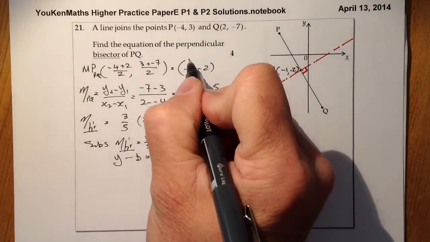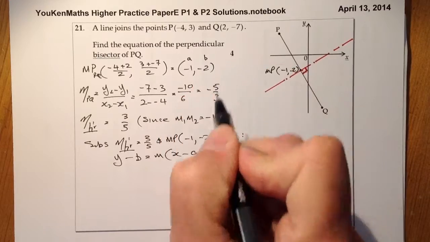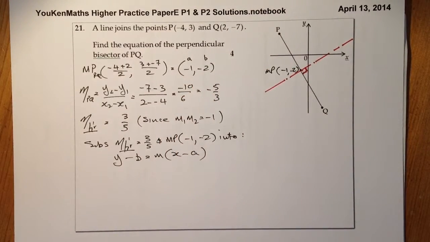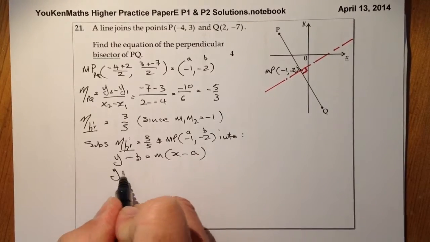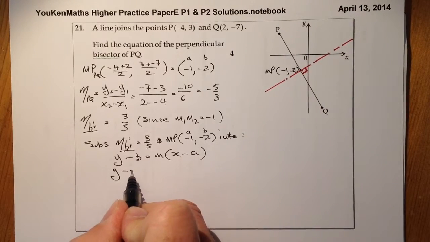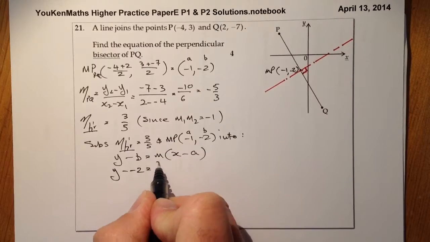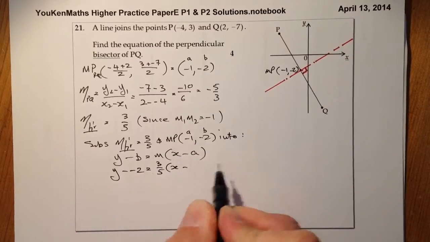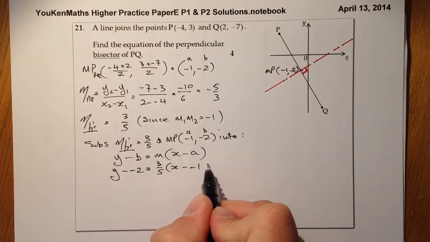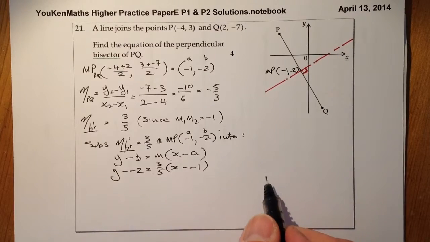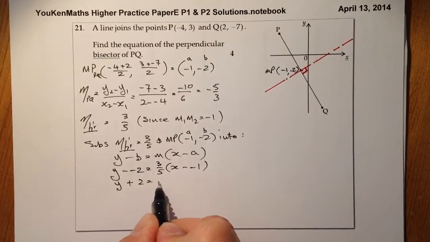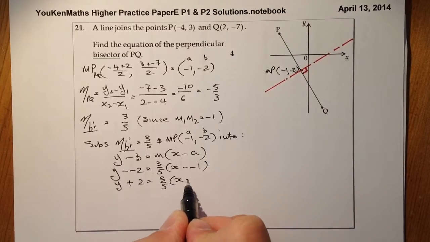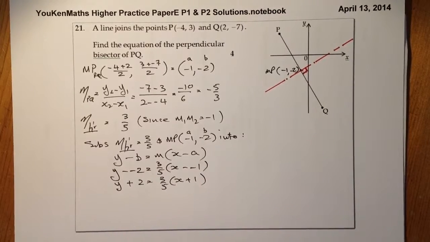Right, so I know that that's going to be my a point, that's going to be my b, and that's my gradient there, okay? So that's a there, and that's b. Right, so y minus, and that will be minus 2, is equal to my gradient, which is 3 over 5, x minus, and we'll have a minus 1 sitting in there as well. So let me just tidy this up about here. I'll probably get the mark straight from there.